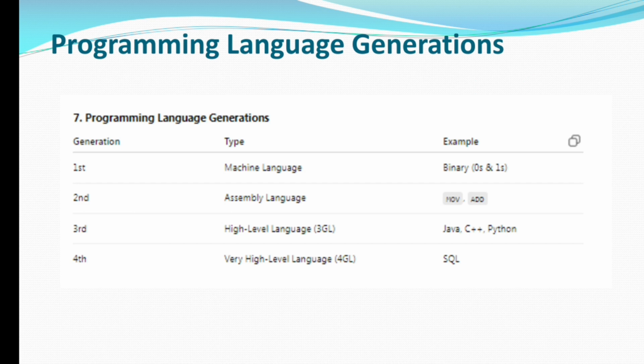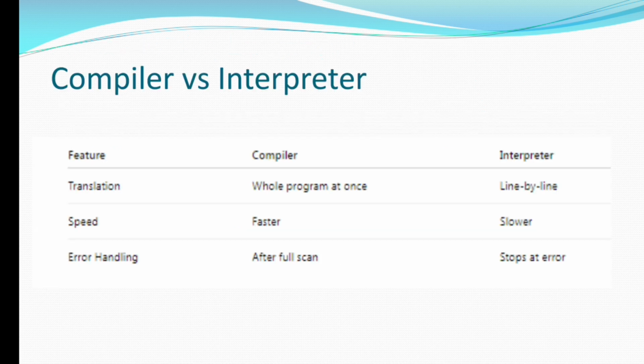These are the symbols which we use in assembly language. When it comes to high level languages, whatever programming language we are learning, like Java, C++, Python, to communicate with the software, these are called high level languages. SQL comes under very high level language.